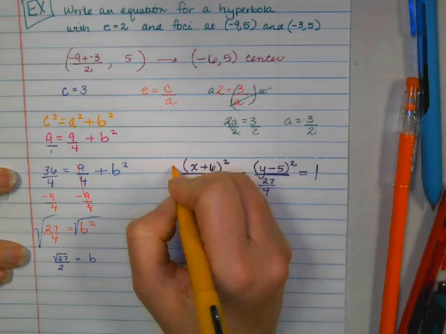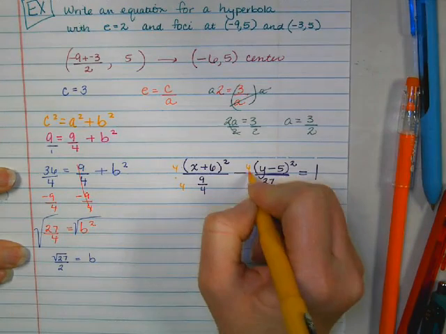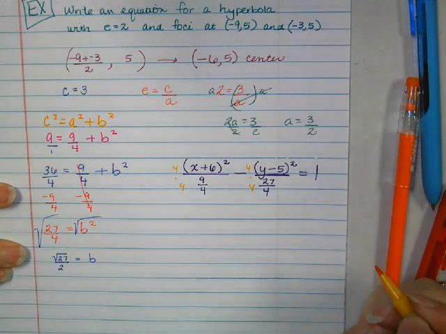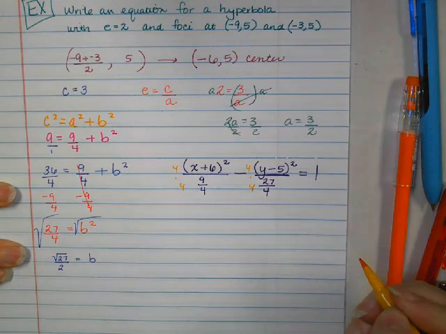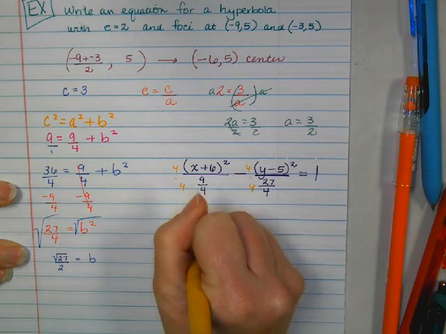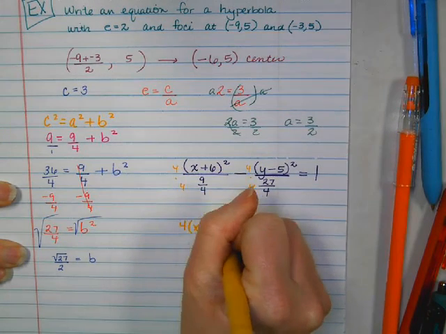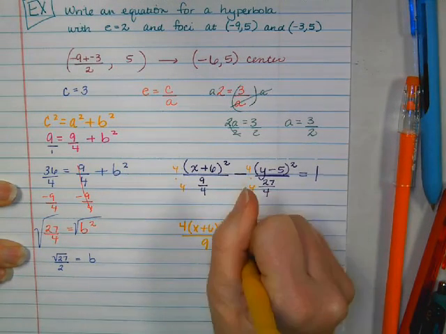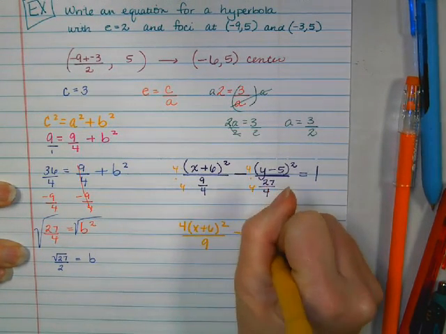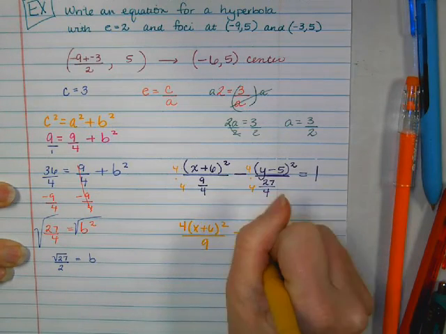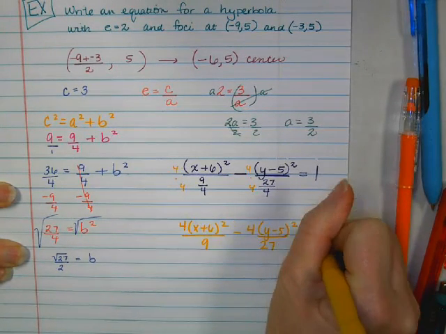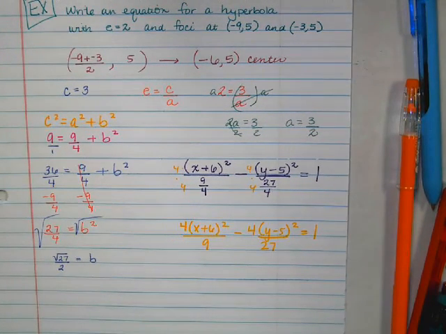If I multiply the top and the bottom by 4, you're technically not doing anything, right? Because you're multiplying by 1. That leaves it as 4 times x plus 6 squared over 9 minus 4 times y minus 5 squared over 27 equals 1. And that's it. Yay.